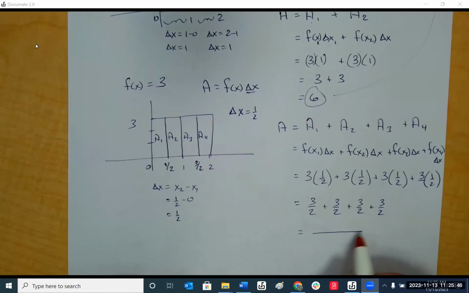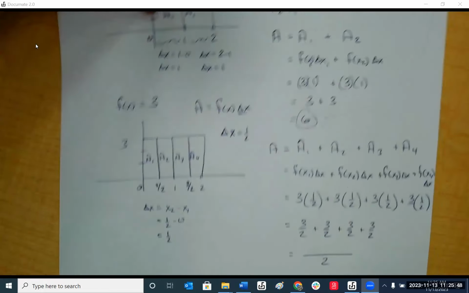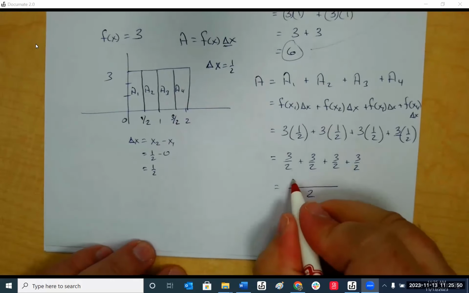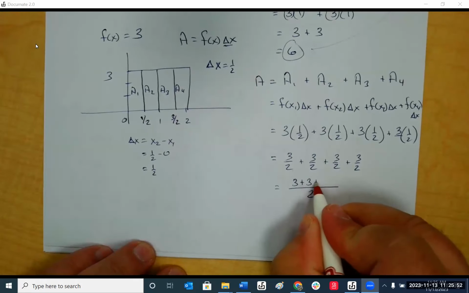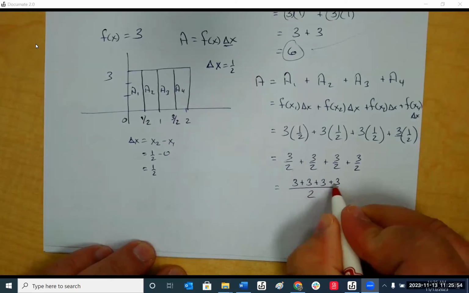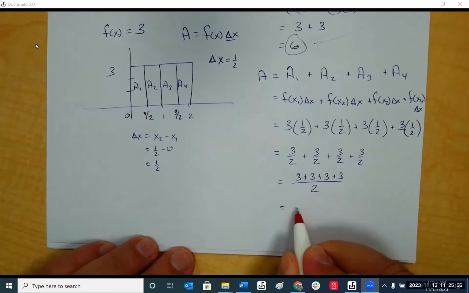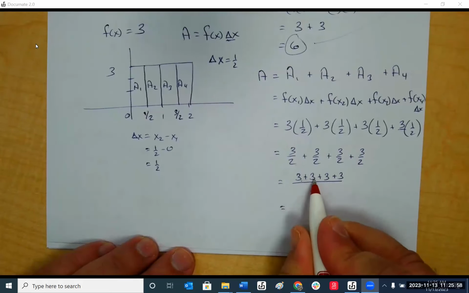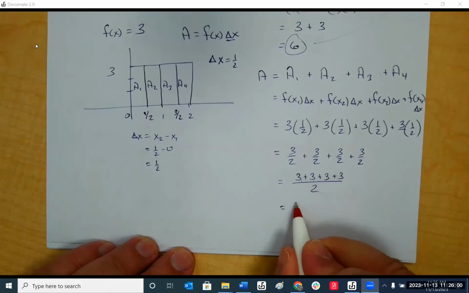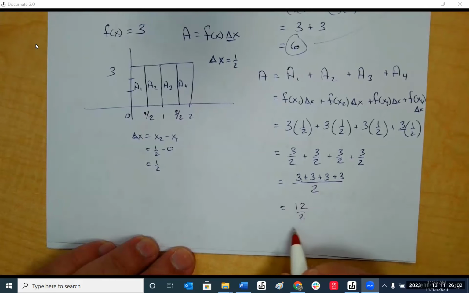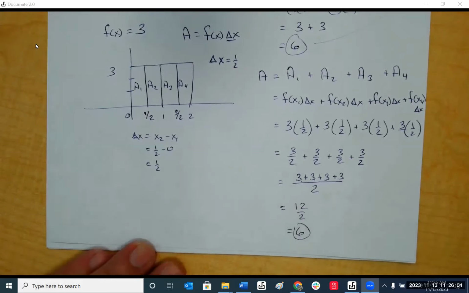We have a common denominator, 2, so we just add the numerators. It's 12/2, which is 6.